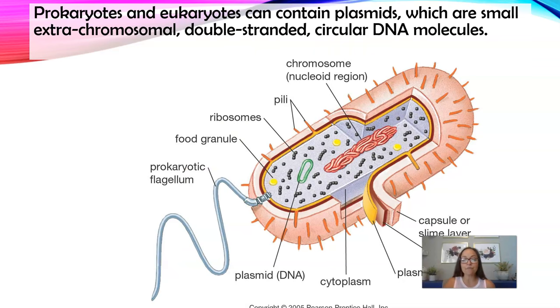Now we also find this plasmid DNA in eukaryotes, in our mitochondria, and in chloroplasts. And this is because mitochondria and chloroplasts evolved from ancient prokaryotes millions of years ago as understood by the endosymbiotic theory.